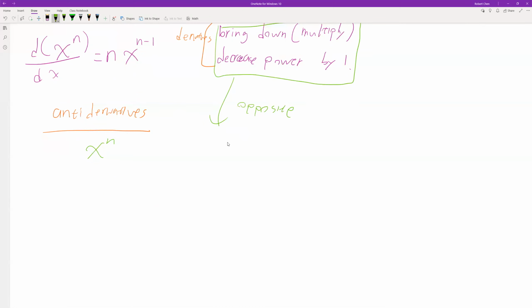So we're going to go in the reverse direction too. First it says decrease the power by 1, but we're looking at the second step first. So we're going to increase the power by 1. And then instead of multiplying by the power, we do the opposite, which is divide by the power.